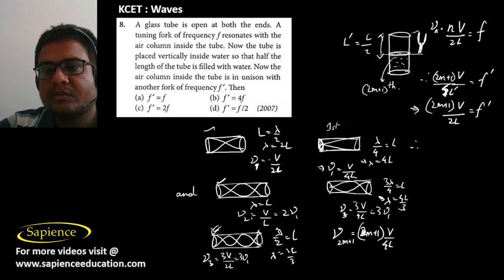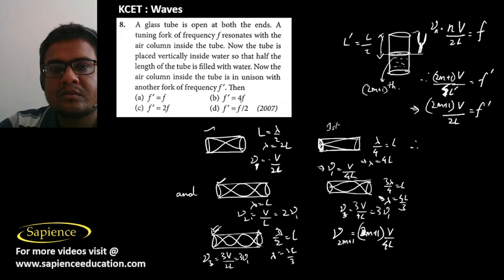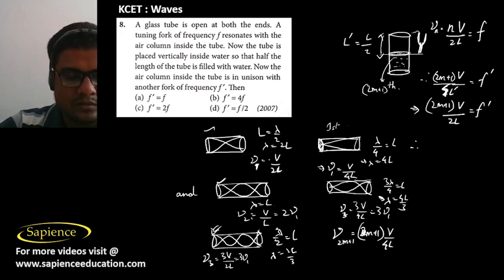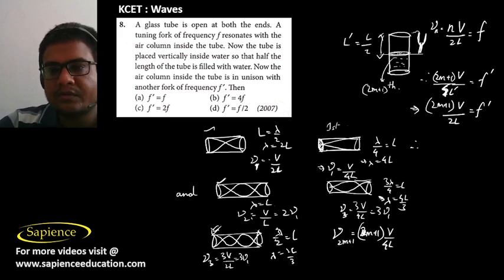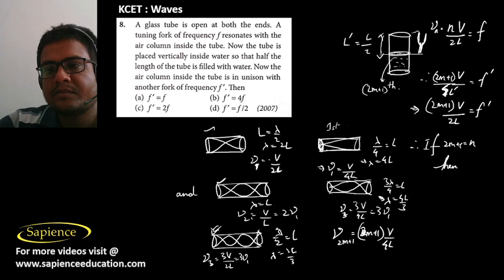Therefore, if these two are the same, if I say that 2m plus 1 is equal to n, then f will be equal to f dash.